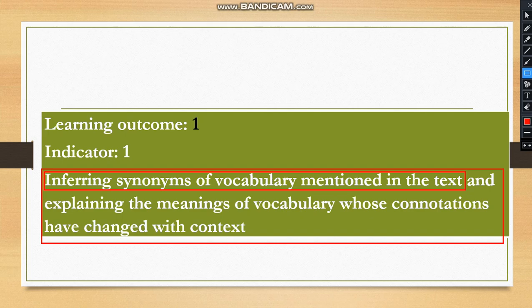And sometimes the connotations of some words also change when there is a new context. So we are going to consider both things in this video tutorial. Let's go ahead with our task.